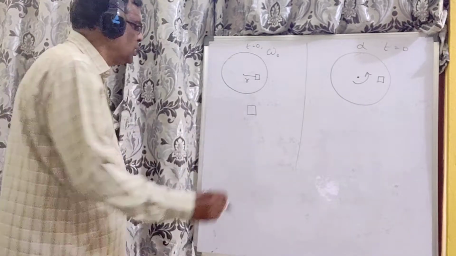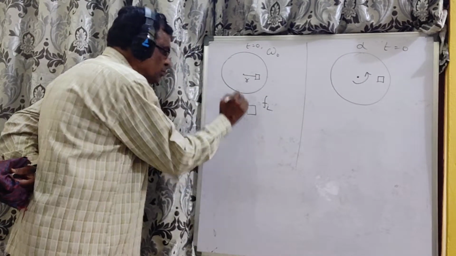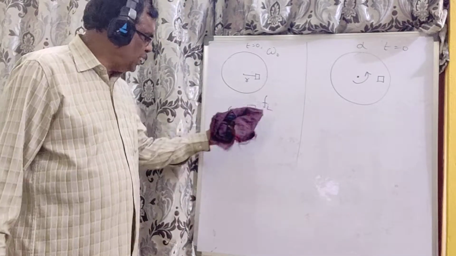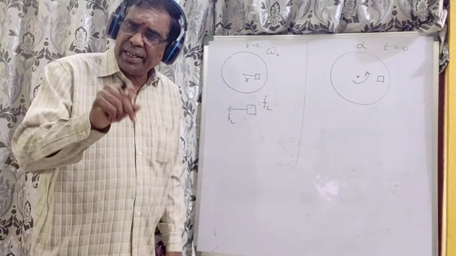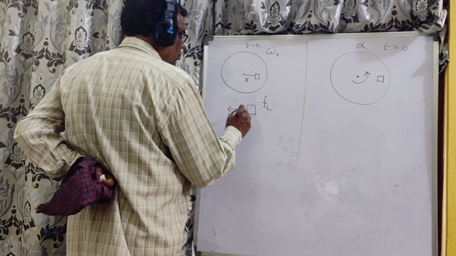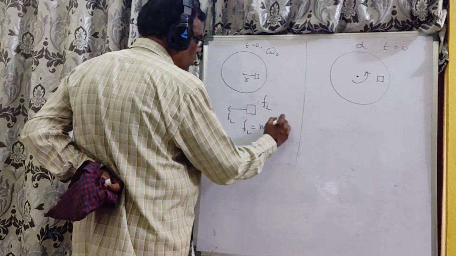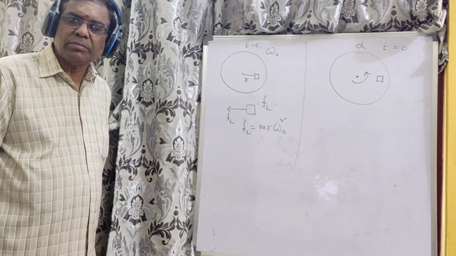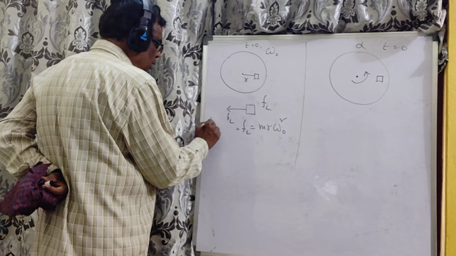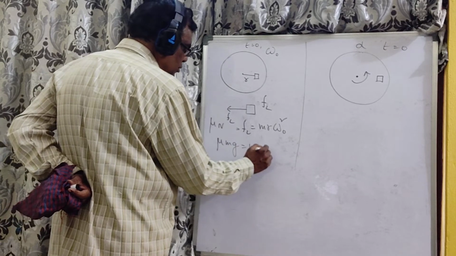It should be a real force, and since you said it is just about to slip, I am taking F_L, otherwise I could have taken F_S. What is this F_L equated to? m r omega squared. And what is F_L? It is mu N, which is mu mg.